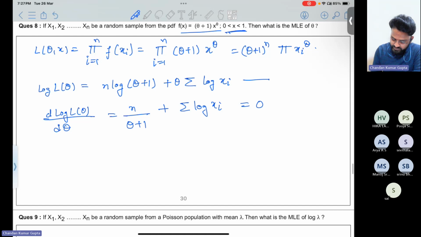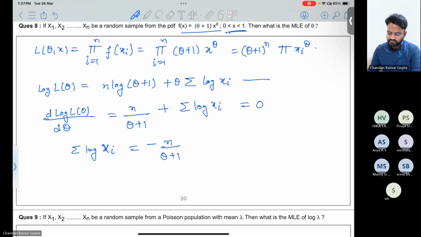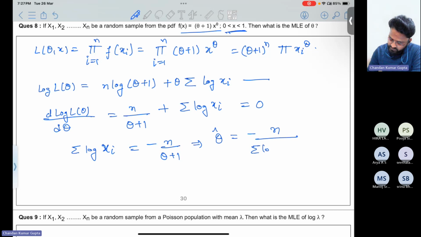We will find that the summation of log of xi is equal to minus n upon (theta plus 1). From here theta cap will be minus n upon the summation of log of xi, and then minus 1 is also there, I think. Let me check once.